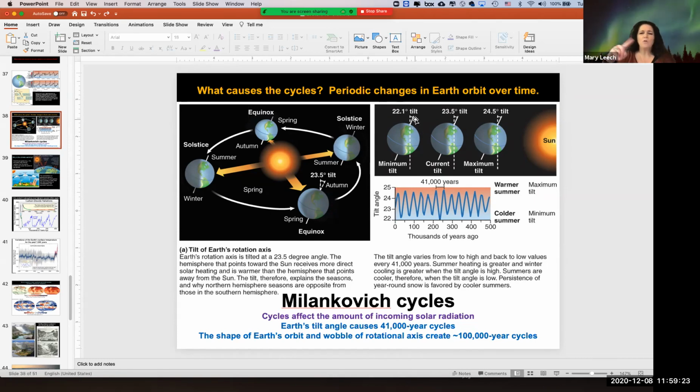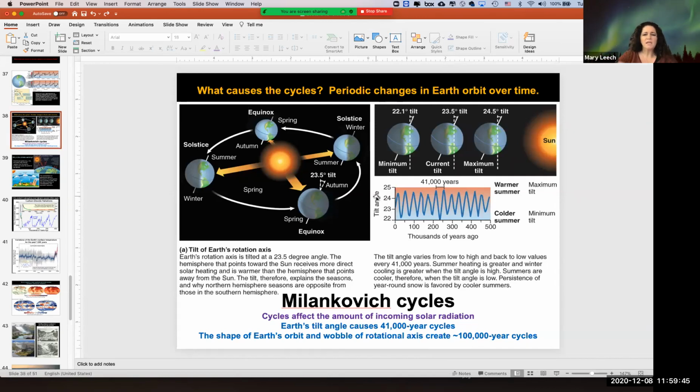That tilt angle can change. It changes a little bit. There's a bit of a wobble to Earth's rotation and Earth's behavior. So there's a minimum tilt of about 22.1 degrees and a maximum tilt of about 24.5 degrees towards the sun. Right now we're about 23.5.